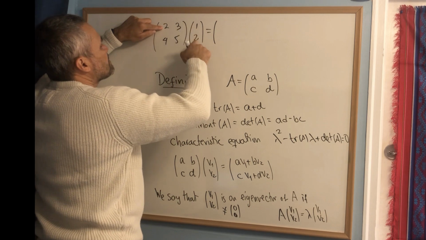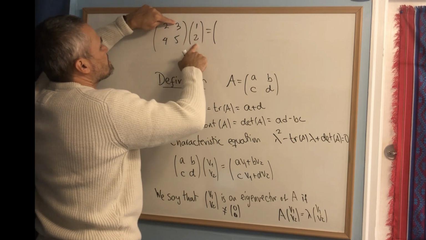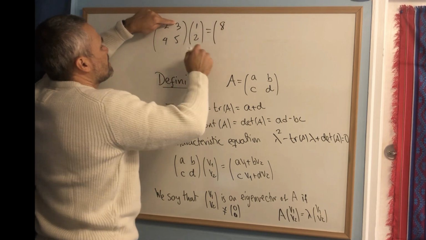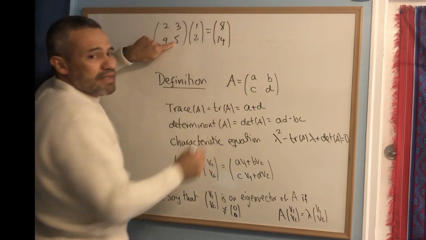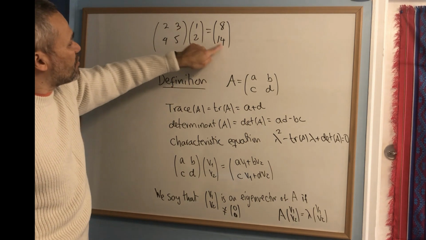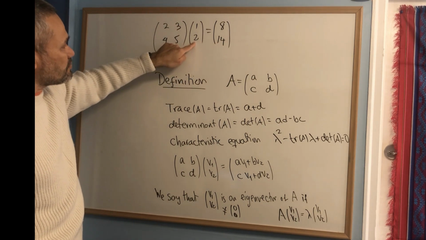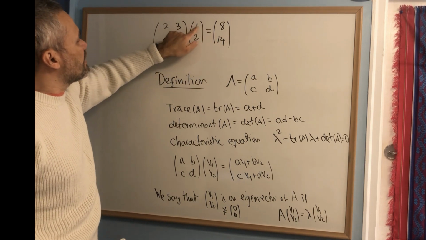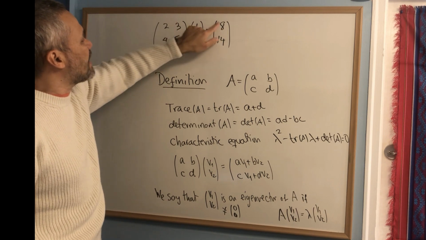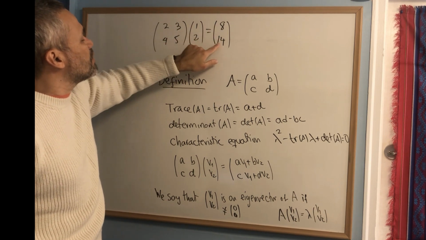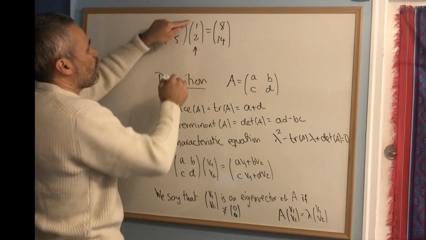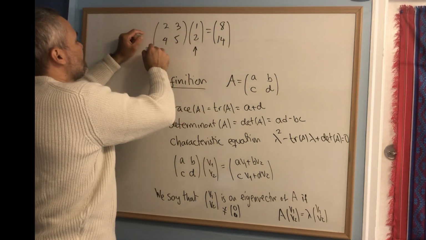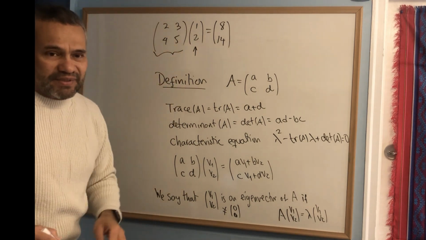We get 2 plus 6 is 8, and here is 4 plus 10, 14. Then the question is, is this vector a multiple of this? If it were, then since this is 1 and this is 8, this would be 8 times, but 8 times 2 is not 14. Therefore, we can say that this vector, 1, 2, is not an eigenvector of this matrix.